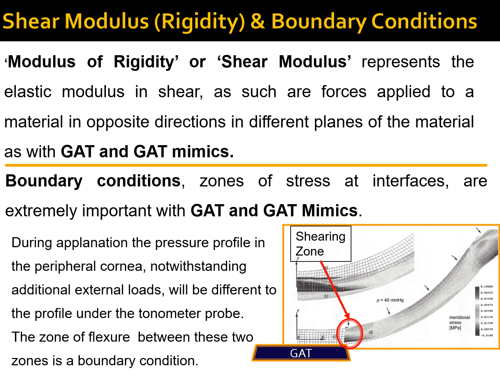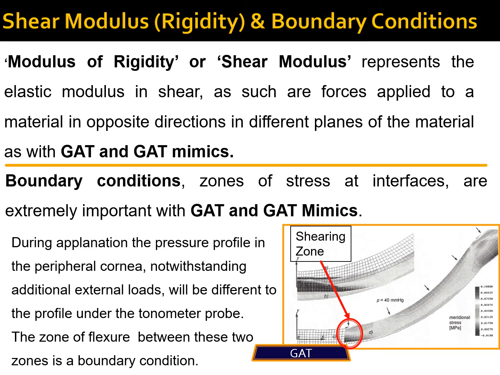And this does happen with GAT and all GAT mimics. They are causing shear forces as they bend the cornea around the zone of bend. And that also introduces these things called boundary conditions, which are zones of stress at interfaces. And they're extremely important with GAT and GAT mimics.